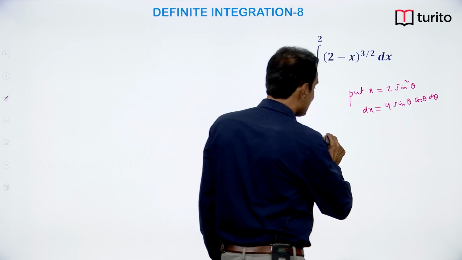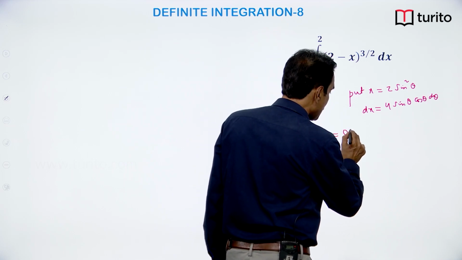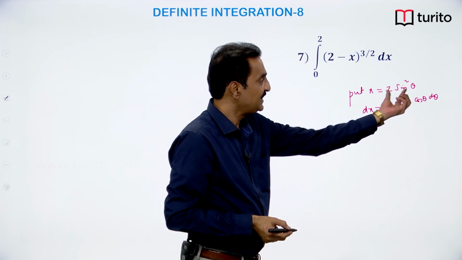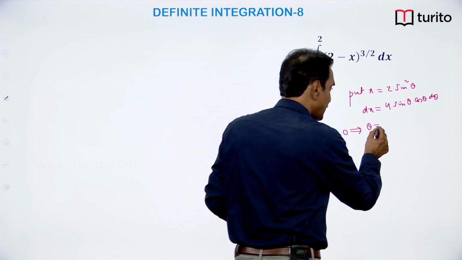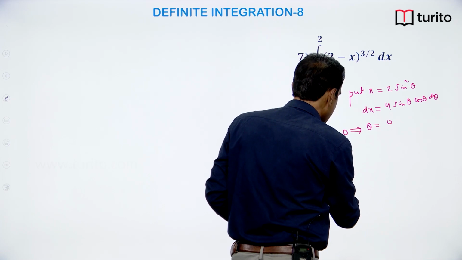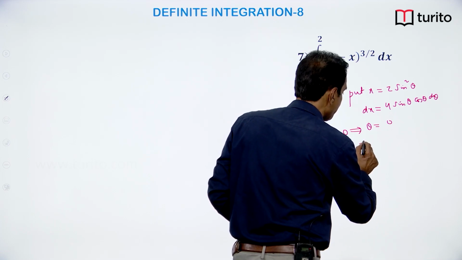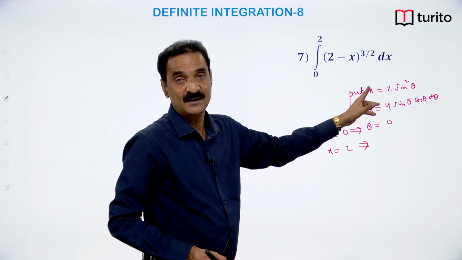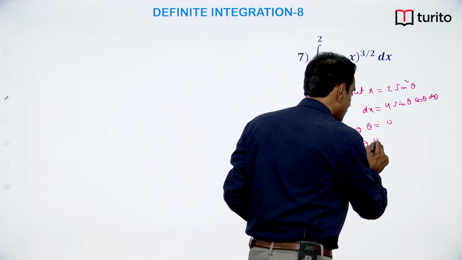And what are the new limits? If x is 0, theta will be 0 because sin square theta will be 0, theta will be 0, principal value. If x is 2, 2 is equal to 2 sin square theta means sin square theta is equal to 1, theta is equal to pi by 2.